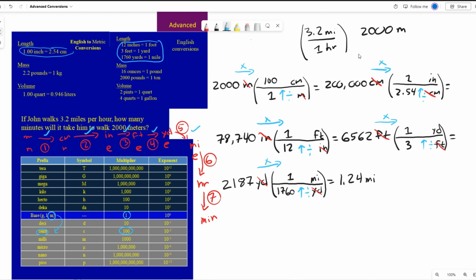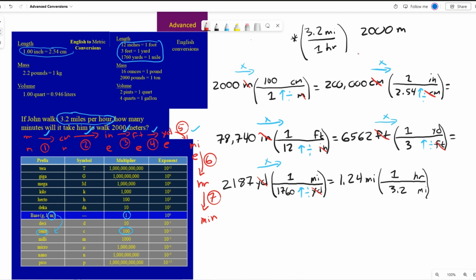All right, so we got into miles. Now we need to convert miles into hours. And that's going to be using this conversion up here. Put miles on the bottom because we want it to cancel out. Hours on the top because that's what we want to end up with. So in 1 hour, he goes 3.2 miles. Remember, this was given in the problem, 3.2 miles per hour. So that's where we got that conversion factor from.